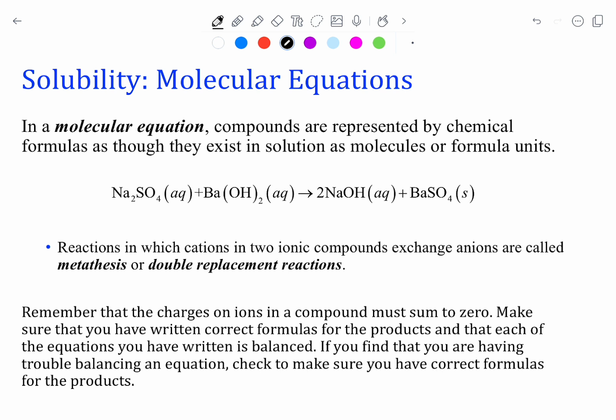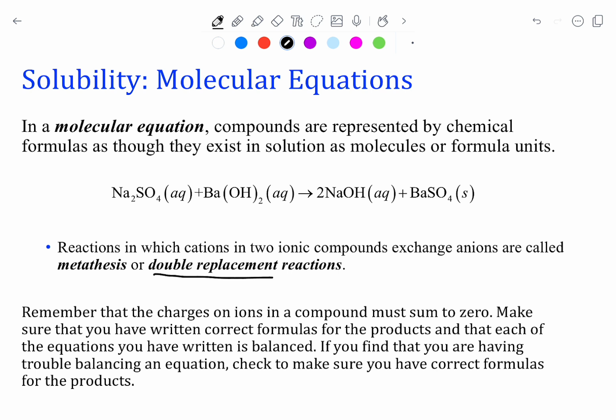So, reactions in which cations in 2 ionic compounds exchange anions are called metathesis or double replacement reactions. So we typically call this double replacement because we're replacing 2 portions of this reaction.